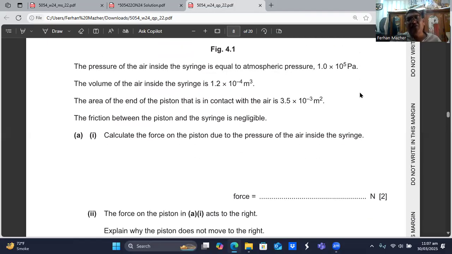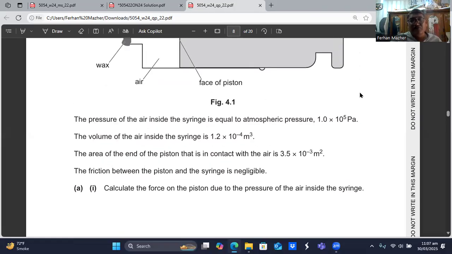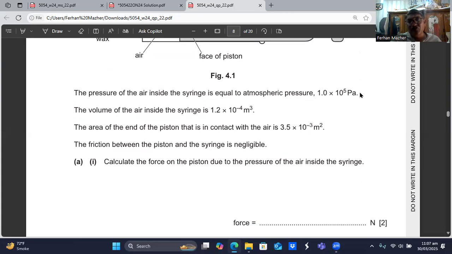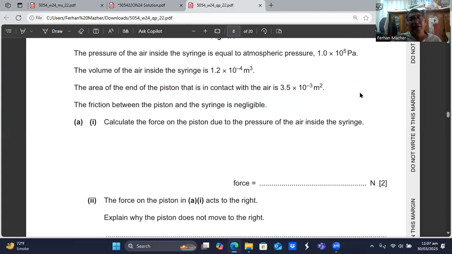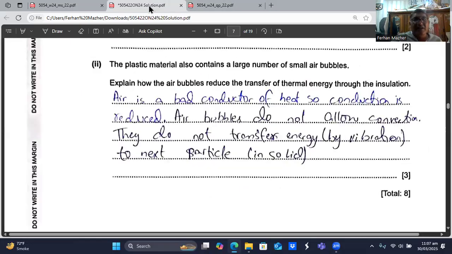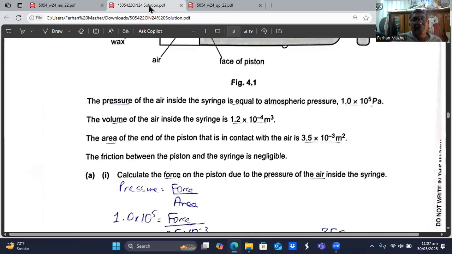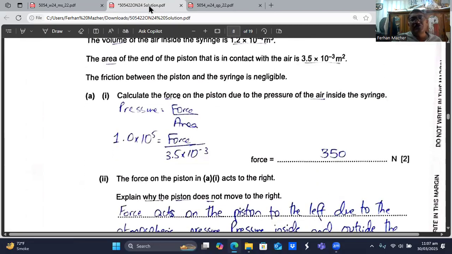The first part is to calculate the force on the piston due to the pressure of the air inside the syringe. You know the pressure is force divided by area, so the force will be equal to pressure times area.